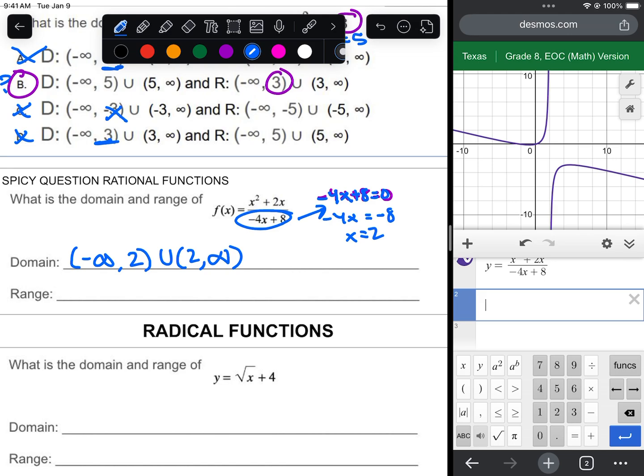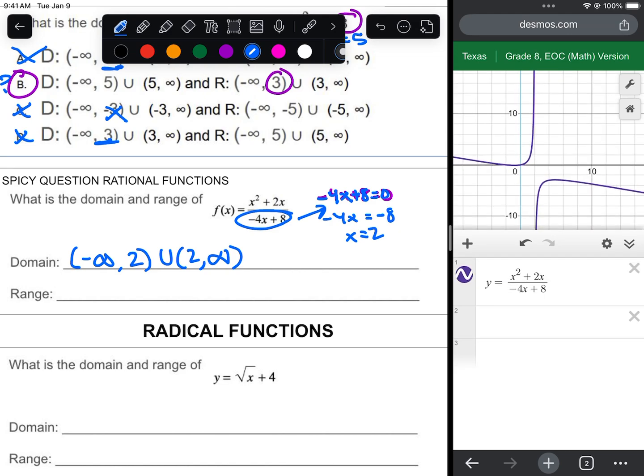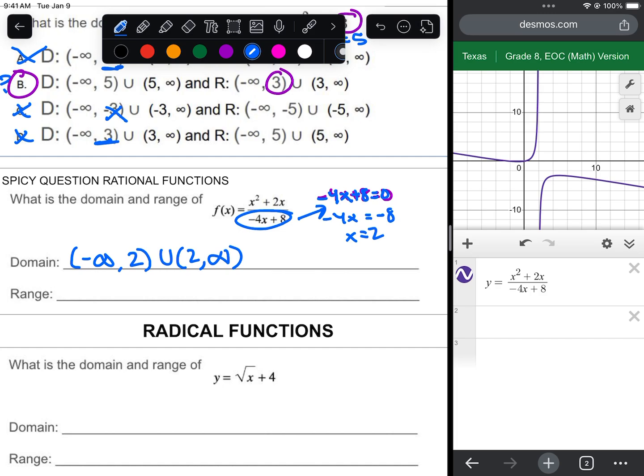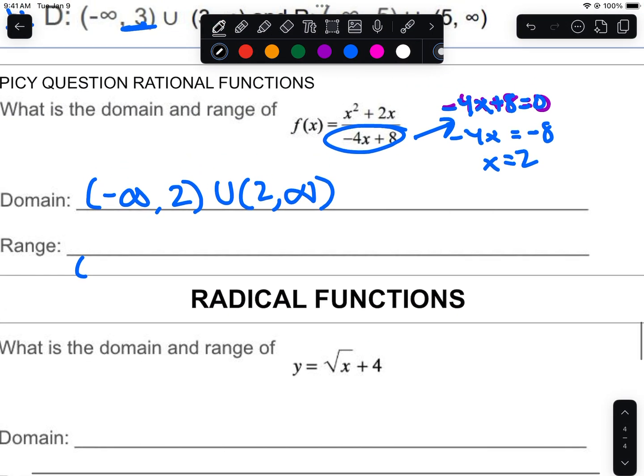Your range, notice your graph doesn't have a nice horizontal asymptote. So what you're going to do is just click on the graph, and you're going to try and find the lowest and highest point of each part. So I can see that for this second part, the highest y value, I'm going to be working with the point, and I'll round to the nearest tenth. Hold on. My Notability quit on me for a quick moment.